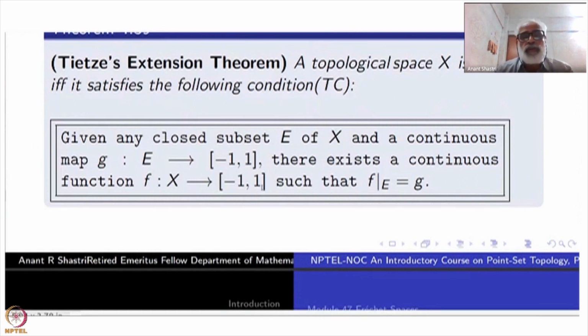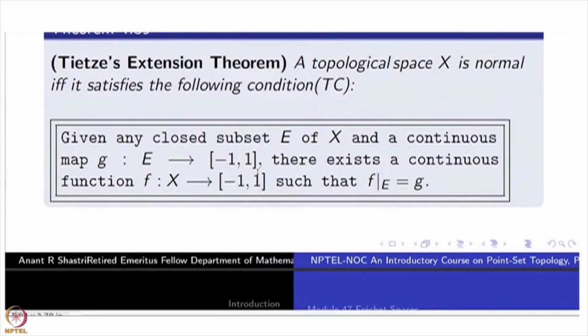I have already told you that you can always change the codomain to any closed interval each time. So that is not very crucial. But now instead of 0, 1 as in the previous theorem, we will use -1 to +1, which is more convenient for writing down the proof.